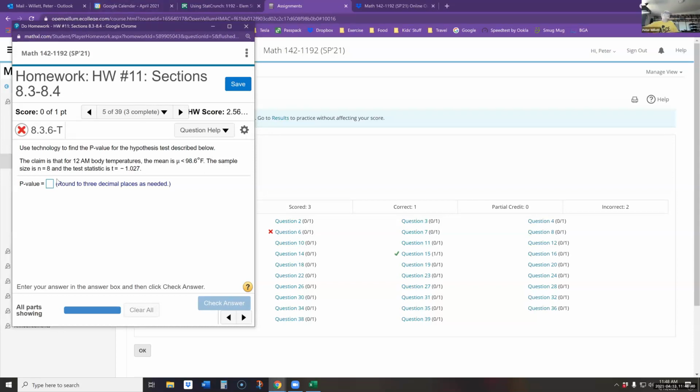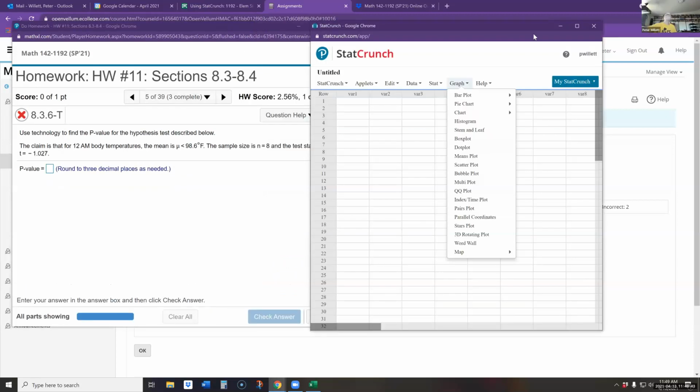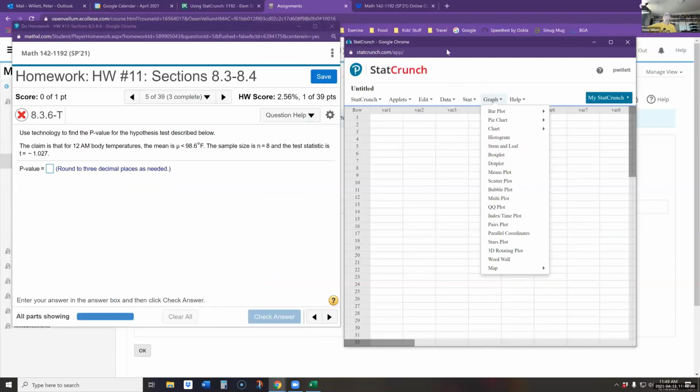The claim is that for 12 a.m. body temperatures, the mean mu is less than 98.6 degrees Fahrenheit. The sample size is n equals 8, and the test statistic is t equals negative 1.027. And they want us to find the p-value. Anybody have an idea?